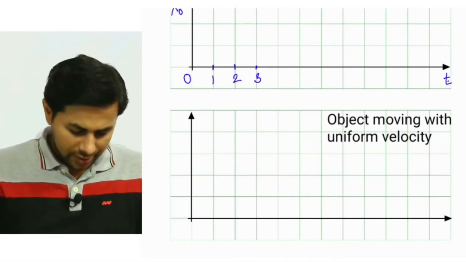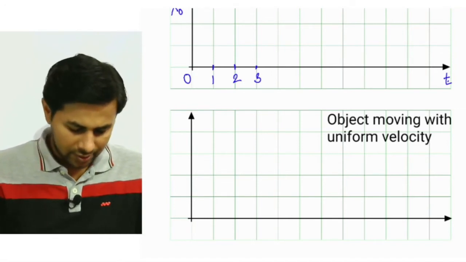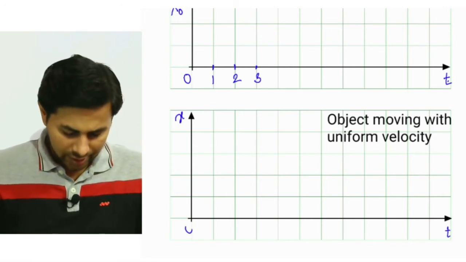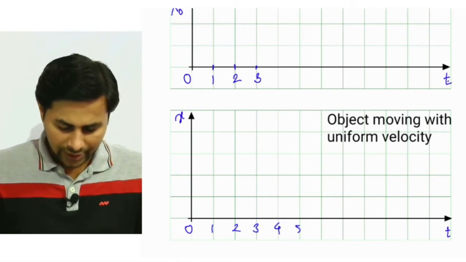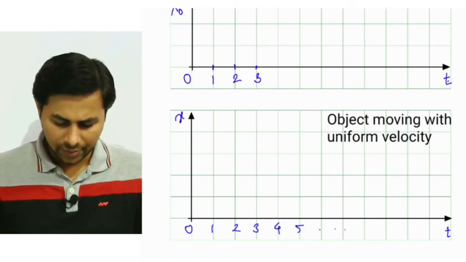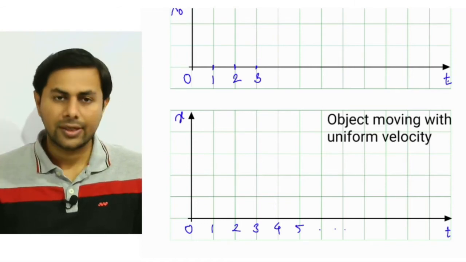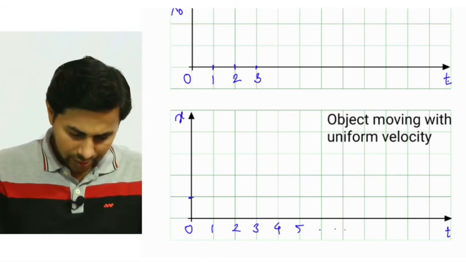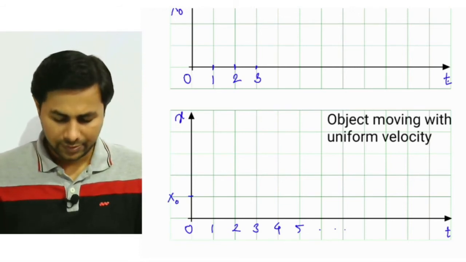Again, let's plot the position on the vertical axis and time on the horizontal axis. t equals 0, 1, 2, 3, 4, 5 and so on. Now suppose the particle or object starts at some initial position, let's say x naught equals 1.